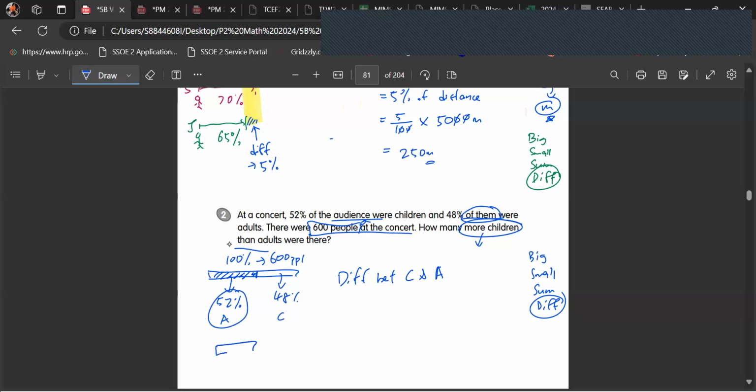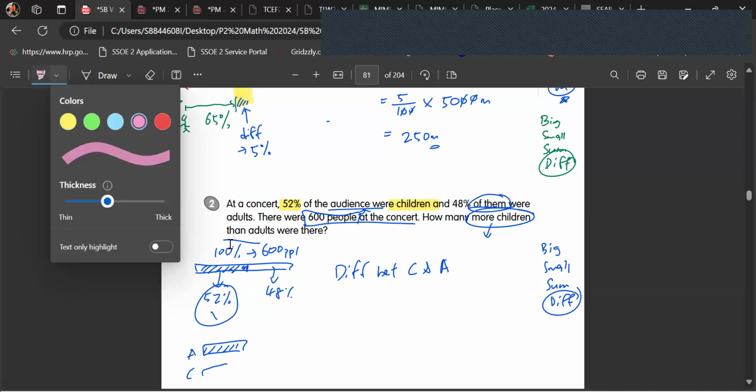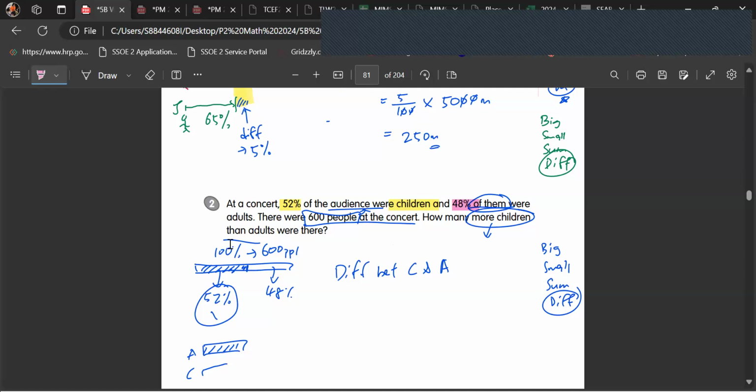I can draw it this way also. Adult, and then children. Sorry, 52 is children, 48 is adult.